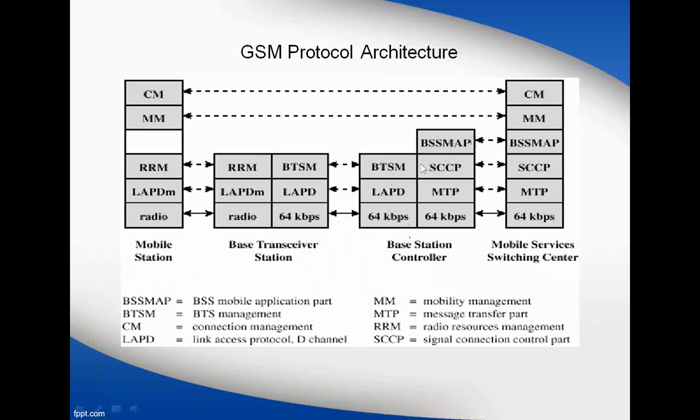And when we talk about BSSMAP and BTSM and all those things, they are going to be the appropriate application parts. They are going to take care of their particular BSC or BTS depending on their protocol services. But literally speaking, this is how the mapping is going to work.